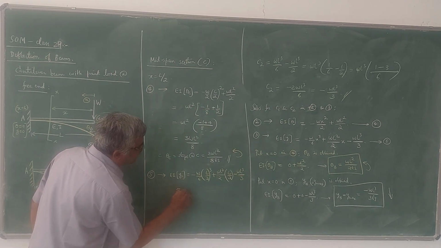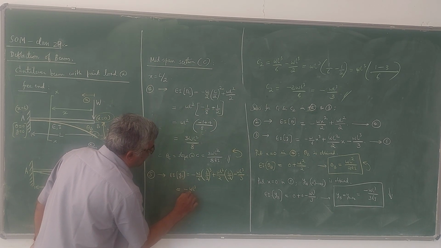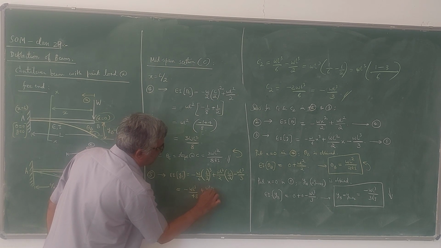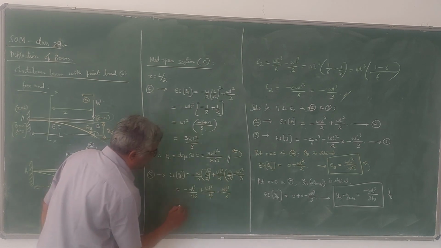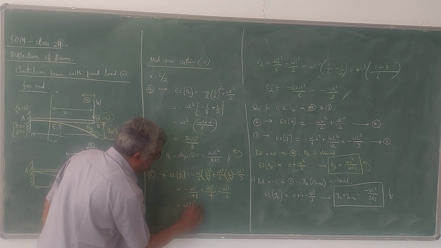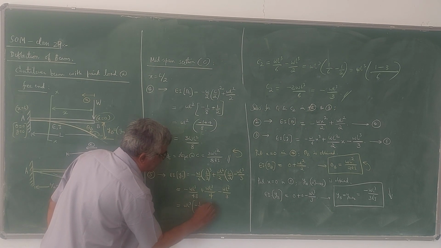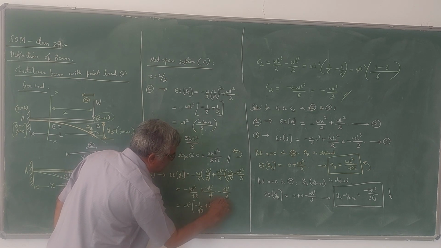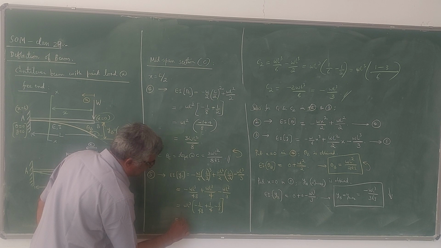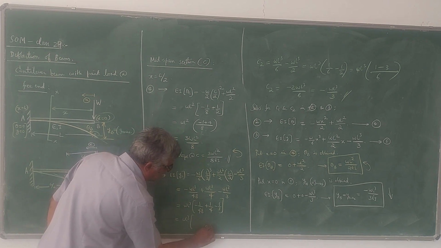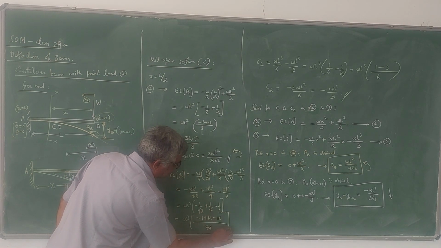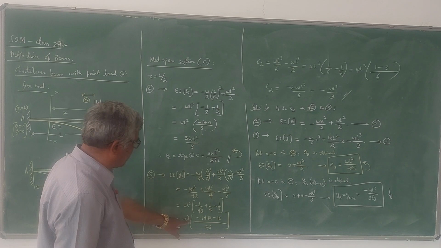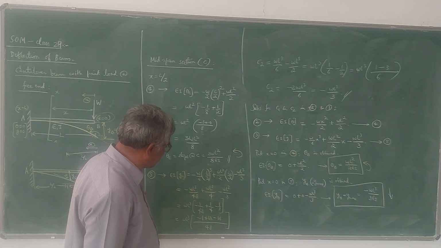Let us simplify this. Minus W L cube by 2 cube is 8 into 6, that is 48, plus W L cube by 4, minus W L cube by 3. Taking W L cube common: minus 1 by 48 plus 1 by 4 minus 1 by 3. With 48 as the LCM, minus 1 plus 12 minus 16, which is 12 minus 17, gives minus 5.